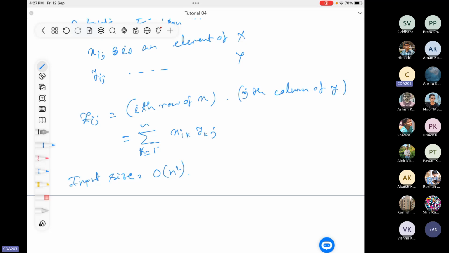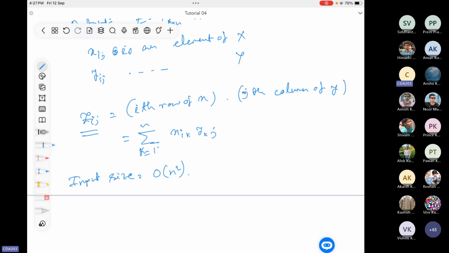Now, if you want to compute this matrix multiplication, basically we are trying to compute this Z matrix. Each entry of this matrix can be computed in, what is the time that we take to compute an entry Zij? It's a multiplication of n rows and n columns, right?